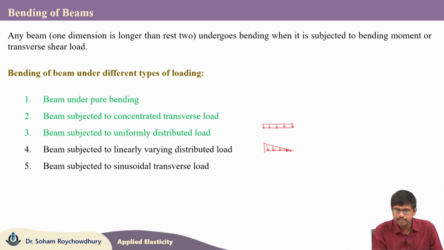So, at one end it is 0, at another end it is maximum. This W was constant, force per unit length was constant for UDL, whereas for the linearly varying distributed load, this W is a function of x and that is a linear function.